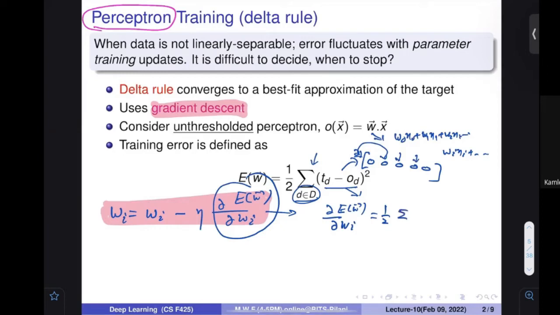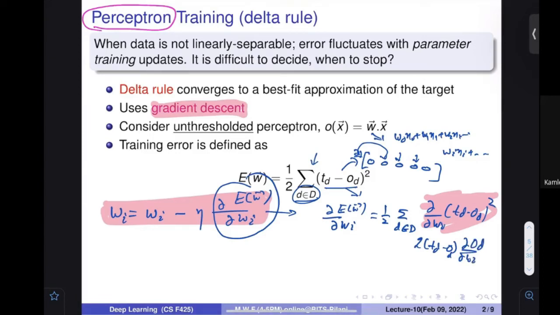So for all d, inside, it is the derivative with respect to wi of (td minus od) squared. If I ask you what the derivative of this quantity is, you can tell me it is going to be 2 multiplied by (td minus od) and del upon del wi of od. This is what the equation is.